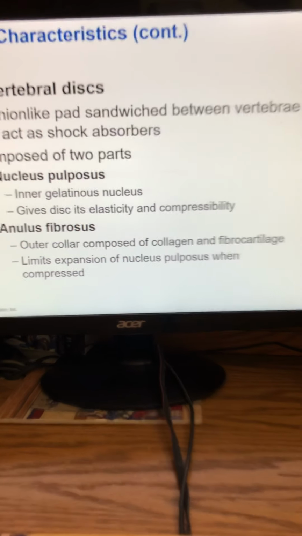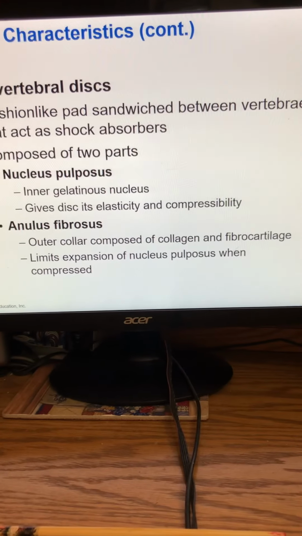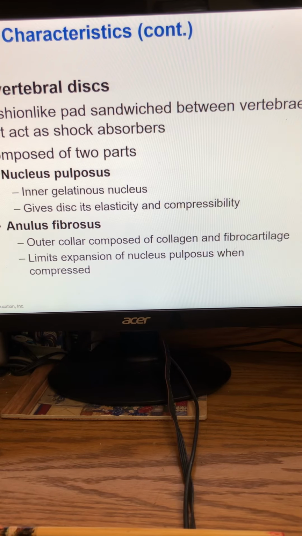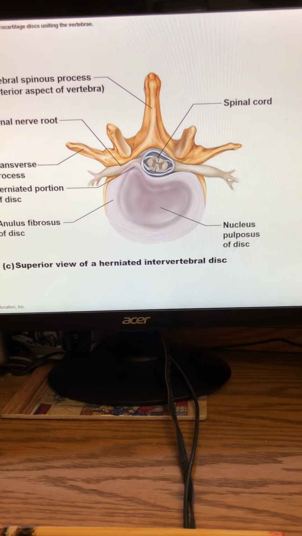So this particular view here is showing you the nucleus pulposus and the annulus fibrosus. What that means in English is the nucleus pulposus is the jelly of the jelly donut, and the annulus fibrosus is the donut of the jelly donut. What it would mean if you have an injury.